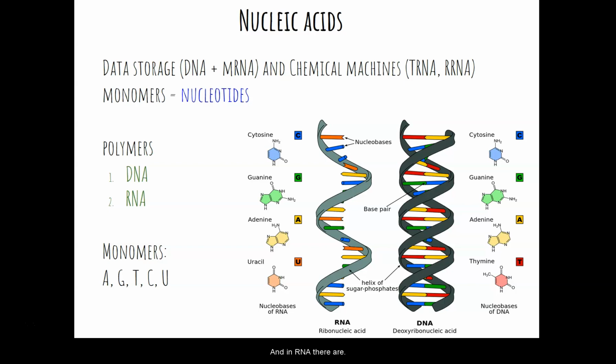In RNA, there are 4 nucleic acids, cytosine, guanine, adenine, and uracil, whereas in DNA, there are cytosine, guanine, adenine, and thymine. So thymine and uracil are each unique to their own nucleic acid.